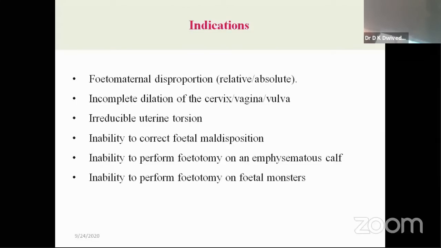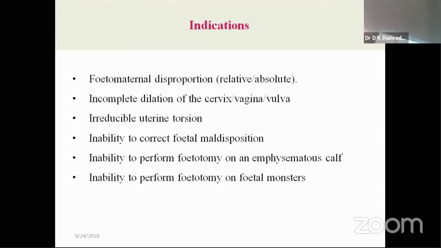In case of irreducible uterine torsion, you have to refer the case for the C-section. In case of inability to correct the fetal maldisposition, this is also a common problem that leads to dystocia, in that condition also you have to go for the C-section. If there is inability to perform fetotomy on an emphysematous calf, in that condition also you may need to perform the C-section.